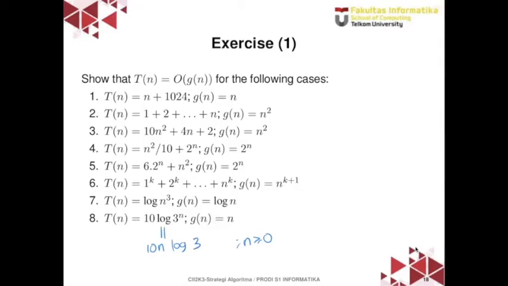Okay, so we know that log 3 is less than 1, so it is less than or equal to 10n. So we can consider n0 as 0 and 10 as c, so that we can conclude that Tn is in big O n.